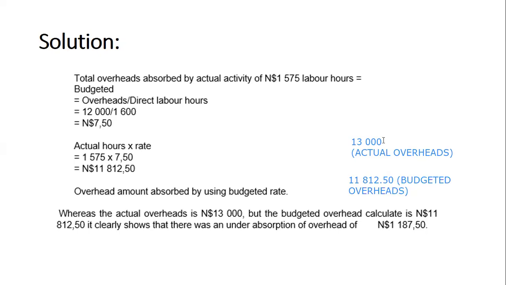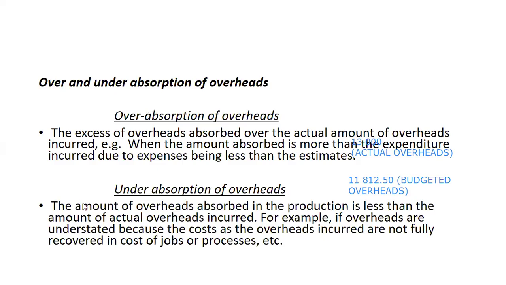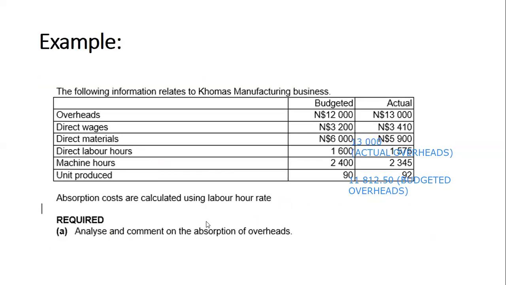Because the budgeted overheads are less than the actual overheads. Let me just take you back. The amount of overheads absorbed in the production is less than the amount of actual overheads incurred.